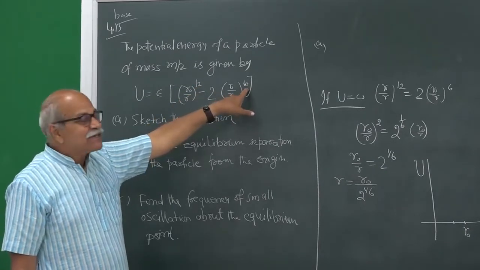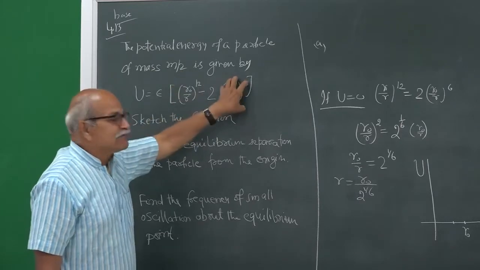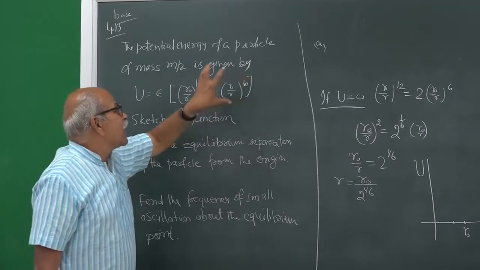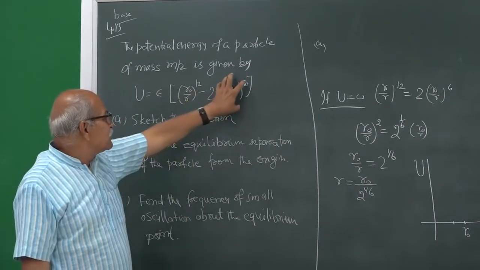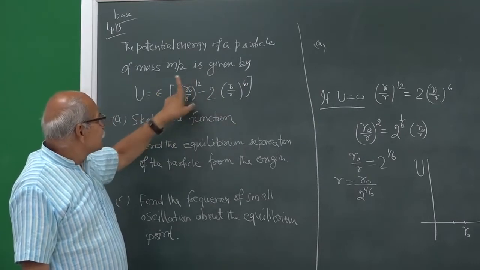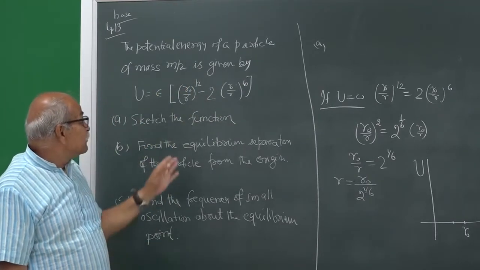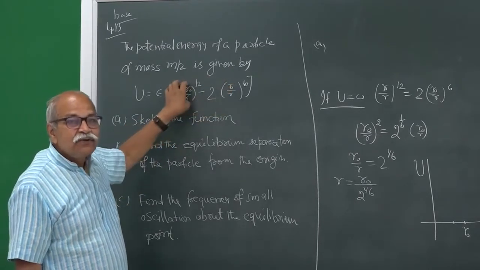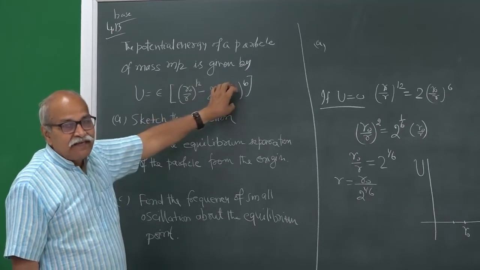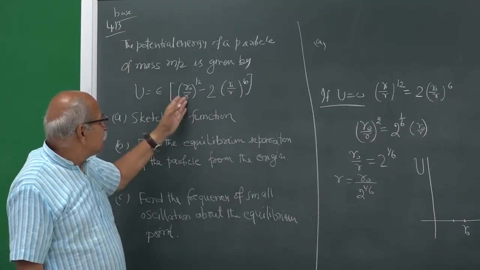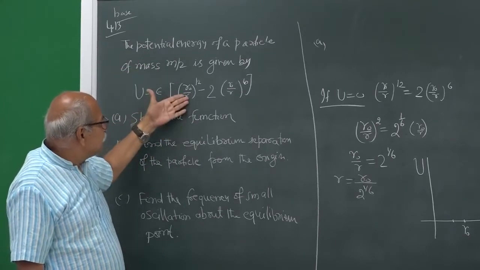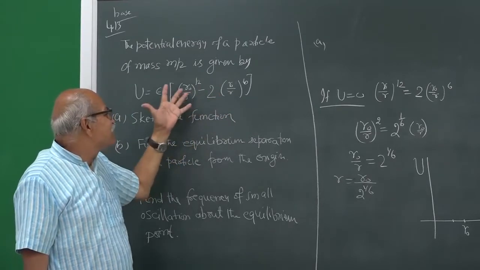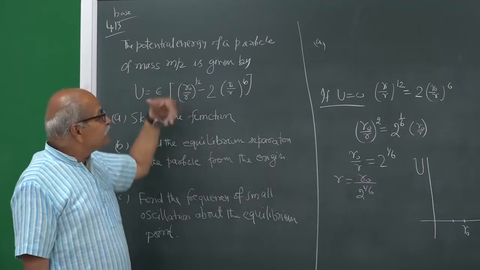This is also very large, but the first term is the square of this one. So, for very small r, the r to the power 12 term will be much larger, and the whole quantity is positive and going to infinity.